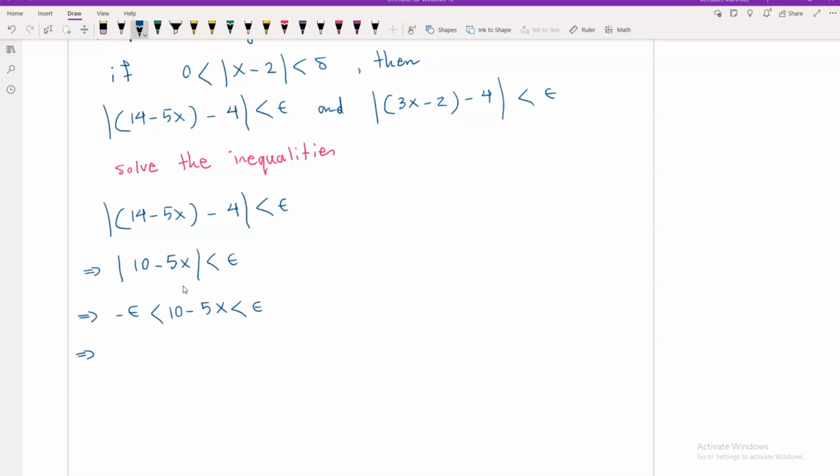Now solving for x, subtracting 10, divide by negative 5. Because of dividing by a negative number, we have to change the direction of the inequality. So divide by negative 5 here.